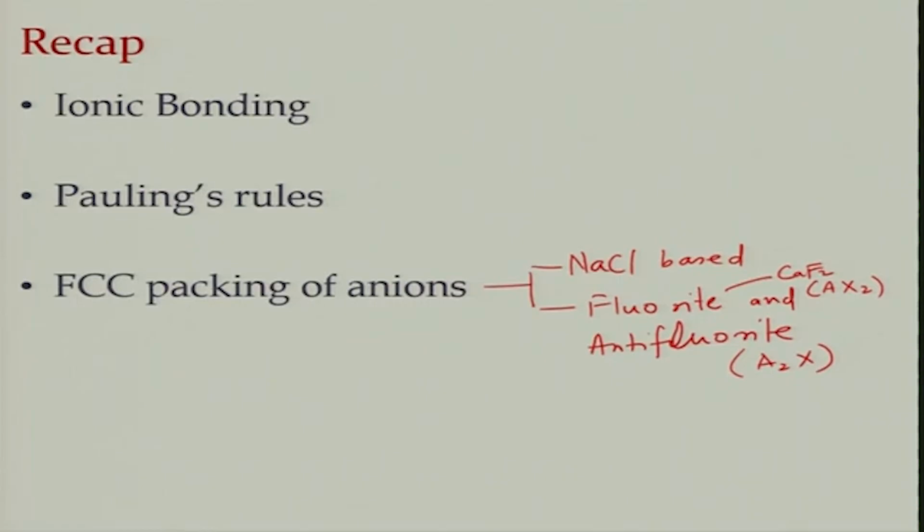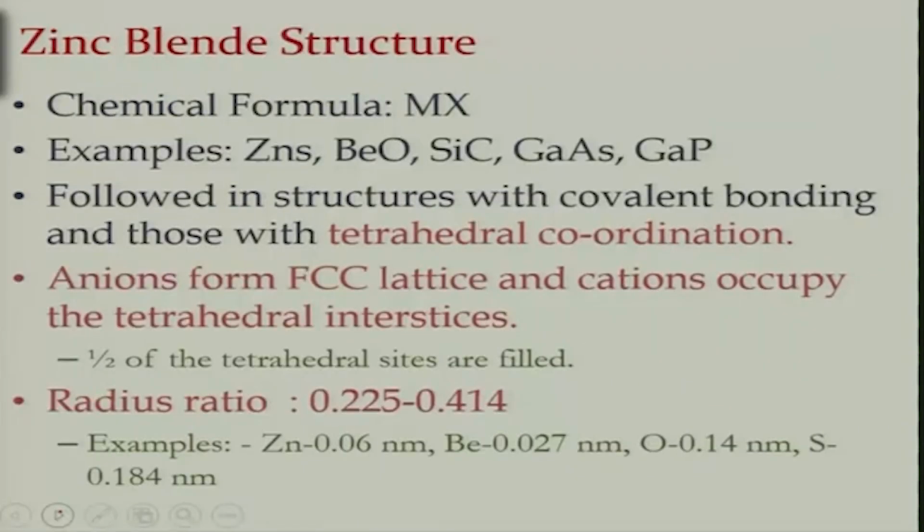So next, continuing the discussion on FCC packing of anions, the third structure that we would like to discuss is the zinc blende structure. Zinc blende has a chemical formula of MX, which means for every anion you have one cation. So stoichiometry is 1:1, and examples of such compounds are zinc sulfide, beryllium oxide, silicon carbide, gallium arsenide, gallium phosphide.